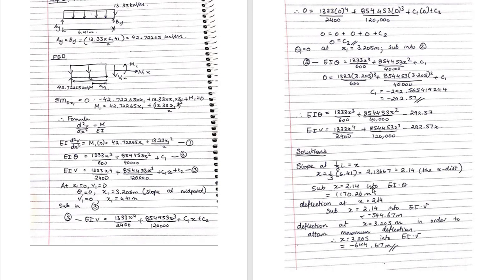Once I've substituted values, for example for a certain length, to find the deflection at that specific length, in this case the x value was taken to be 6.41, I would sub that into the slope equation, EI theta, and likewise into the deflection formula, EIv, and I would get the respective values. This would represent the deflection at this specific length, which is 3.205 meters, in order to attain the maximum deflection.